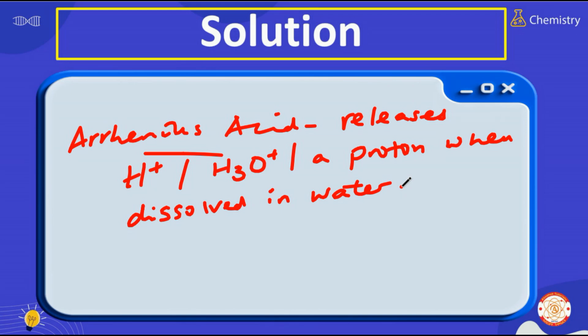So he defined Arrhenius acid as any substance that releases hydrogen ion or hydronium ion. All these are the same. So he defines acid as a substance that releases hydrogen ion or hydronium ion when dissolved in water. So Arrhenius' definition of an acid was strictly based on water.